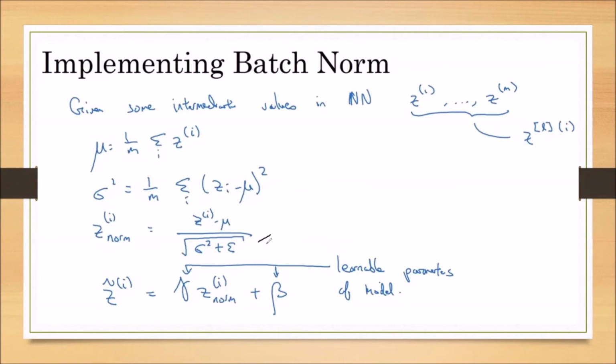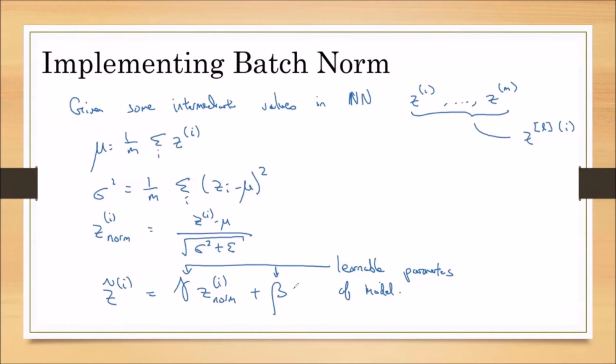We write this same equation in this format: gamma times Z normalization plus beta. So these are two more learnable parameters. We take the original Z value, and after the normalization, the new Z is equal to gamma times the normalized Z plus beta.